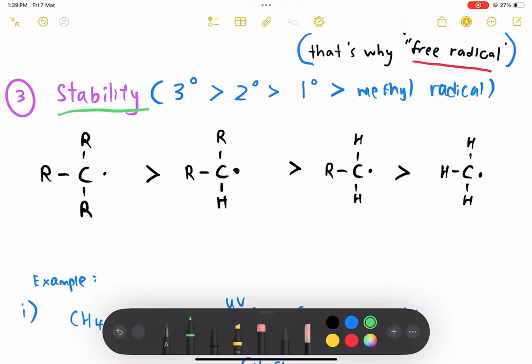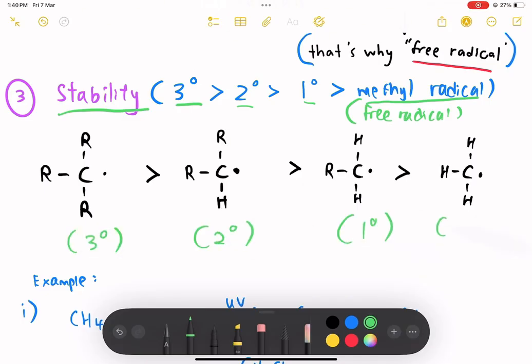Stability is based on the class of free radical. If a free radical is tertiary, it is the most stable, followed by secondary, primary, and lastly methyl radical.